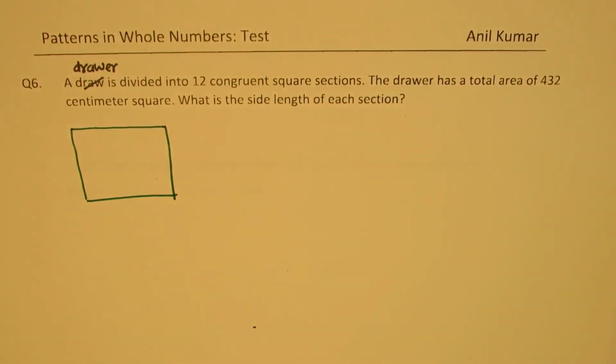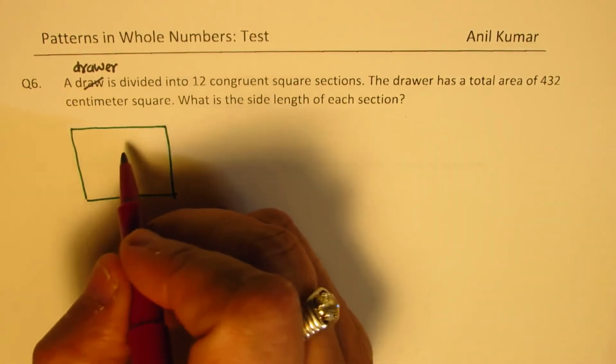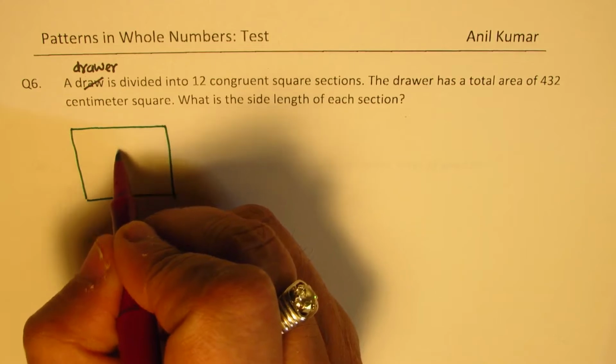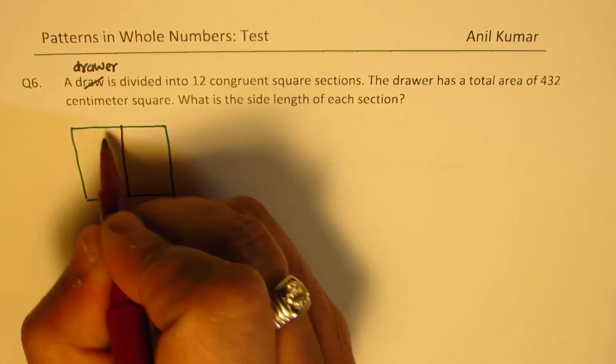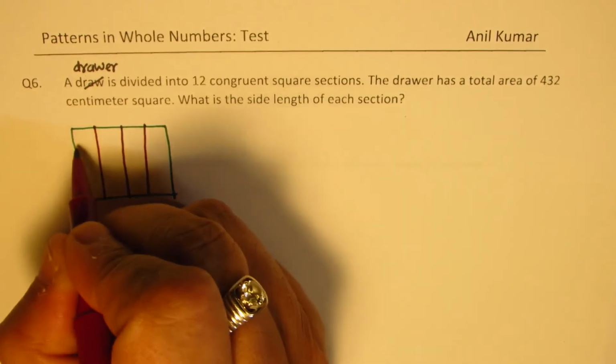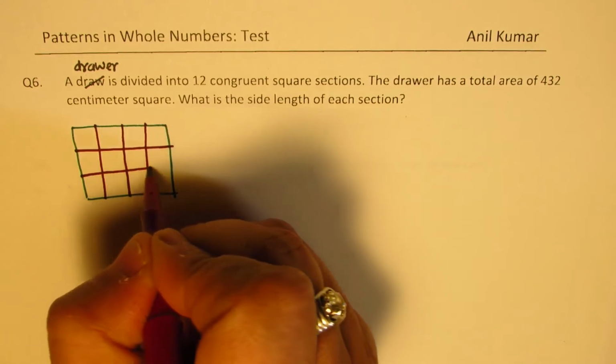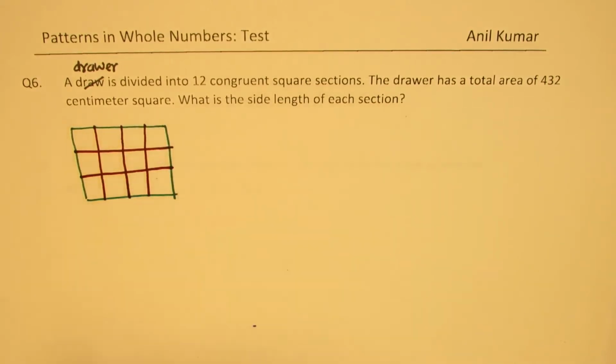And this is being divided into 12 congruent sections, right? So this drawing is not to scale, but think like this, that we divide one portion into 4 parts, for example, and this into 3 parts. Let us say it was a rectangle, we divide into 12 congruent squares as shown here.